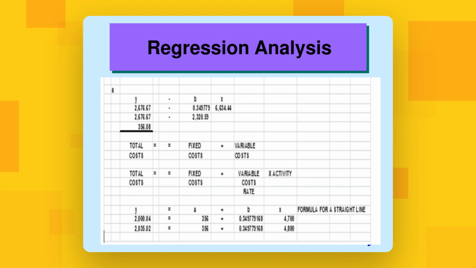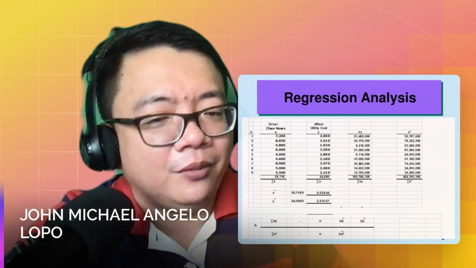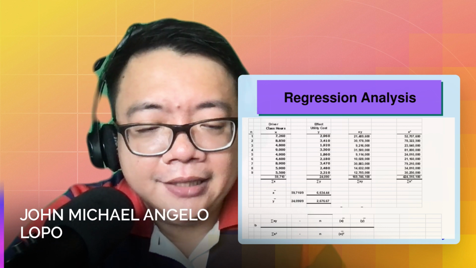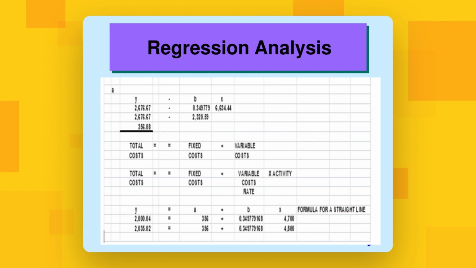Alright, so hopefully in your house, no, compute nyo na, no? So kasi ginawa ko dito para kayo naman gumawa, no? The answer here, in terms of the variable cost, is 0.34. Okay. Then compute na natin yung ating fixed cost, wherein total cost is equals to fixed cost plus your variable cost.